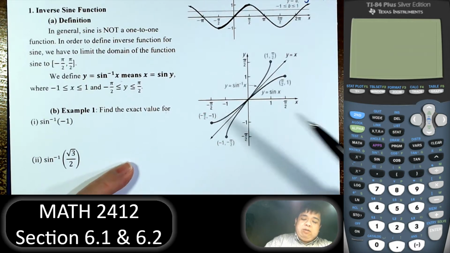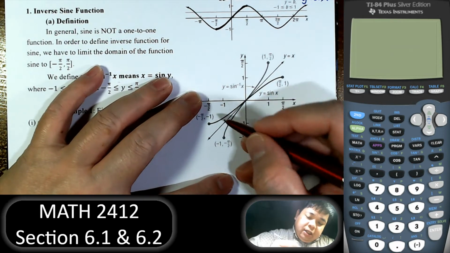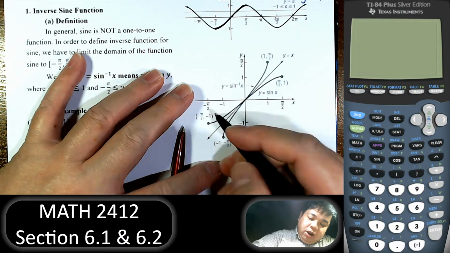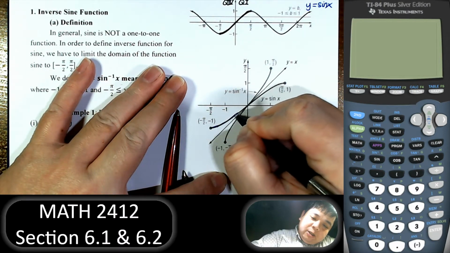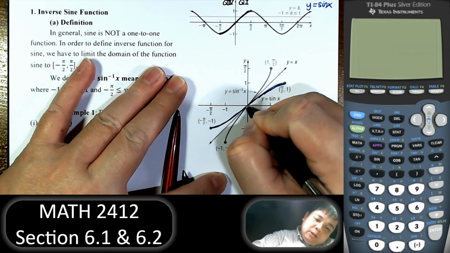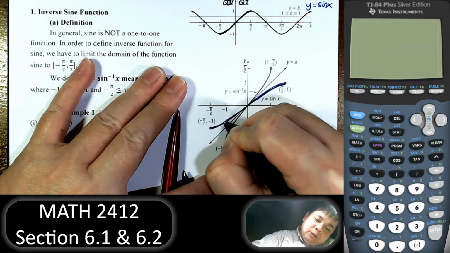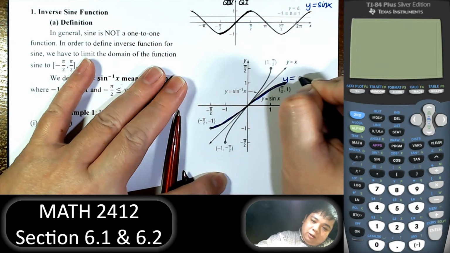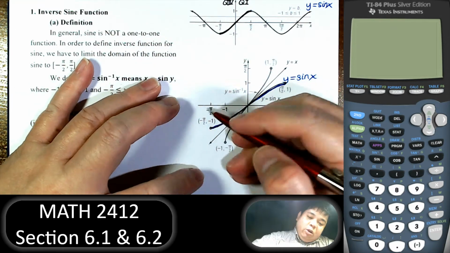So pretty much we interchange x and y, interchange the domain and range. Now we have the graph here. Kind of difficult to see, but this is the graph of the function y equals sine x, and this will be the graph of the inverse.